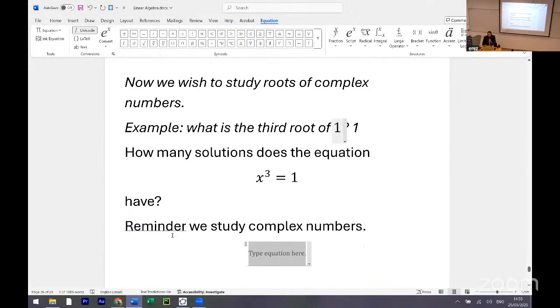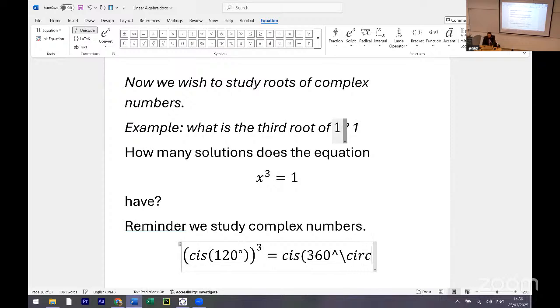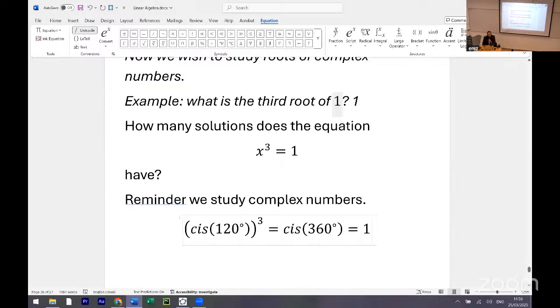So if we take cis of 120 degrees when cubed, by the Moivre law for multiplication of complex numbers, it's the cis of 360. And what is the cis of 360? 1.